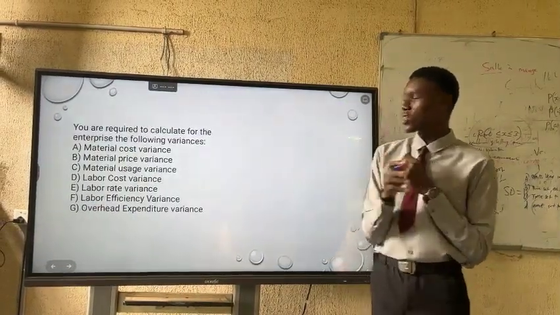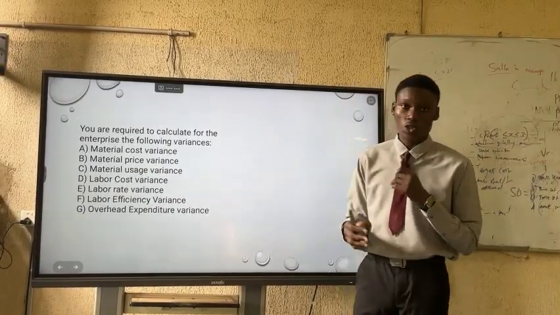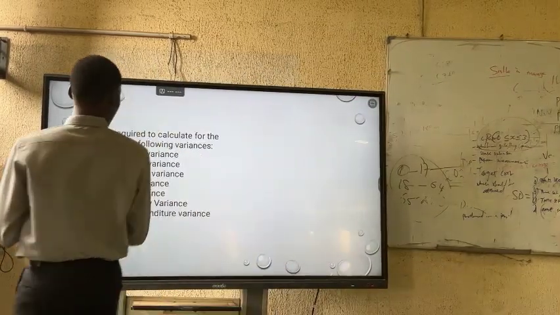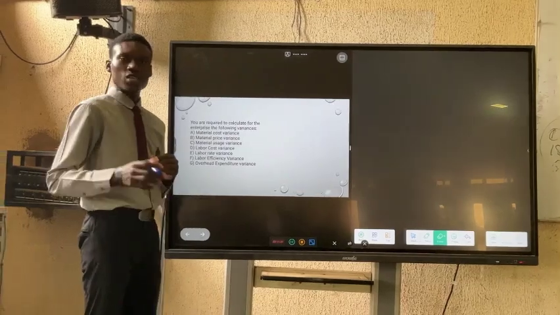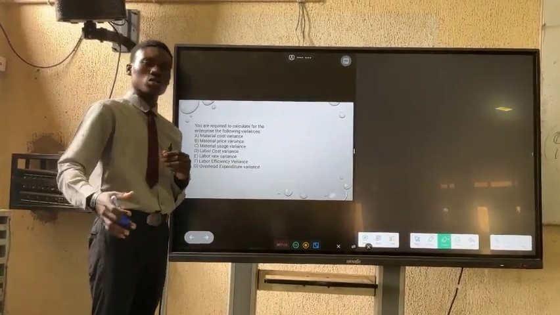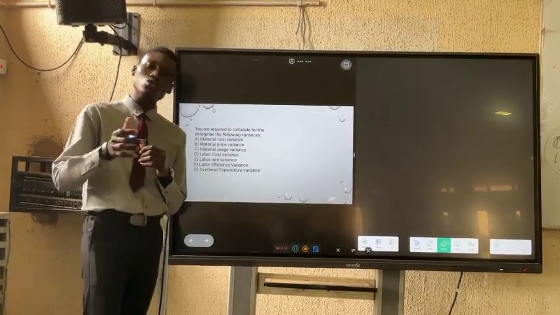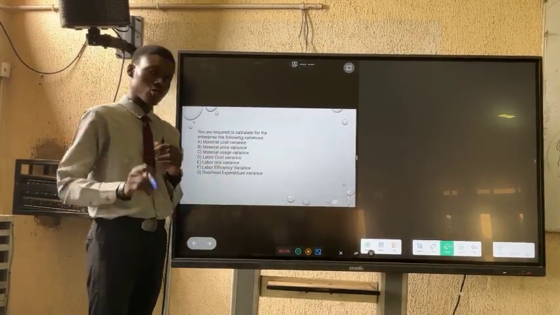So now, in the calculation of variances, these are the things that will be required of us in any calculation that you see. I will briefly explain the following contents. Material cost variance: this is the difference between standard price times standard quantity minus actual price times actual quantity. It can also be the addition of your material price variance and your material usage variance.